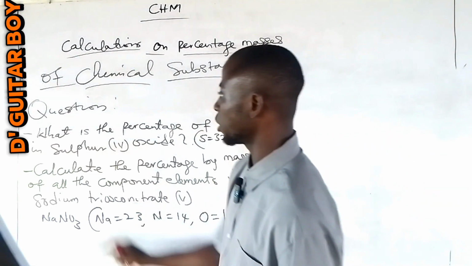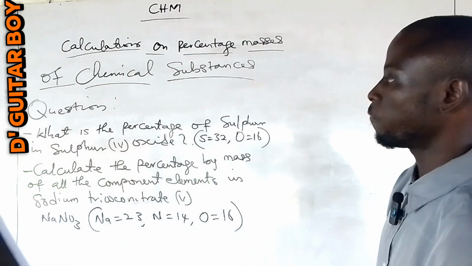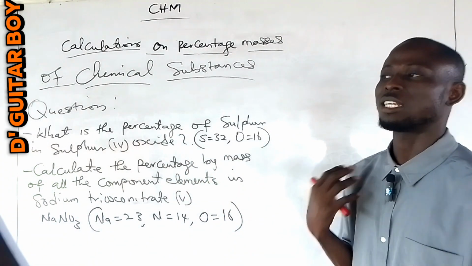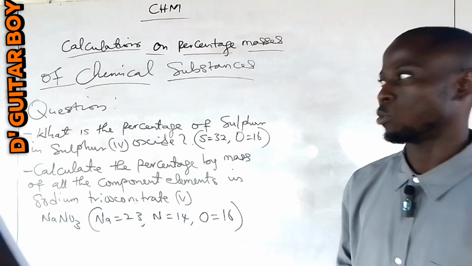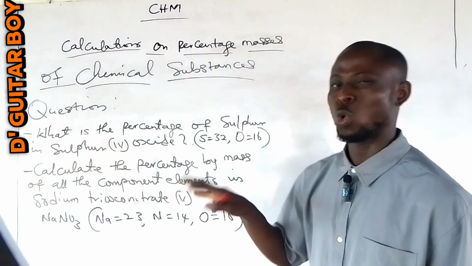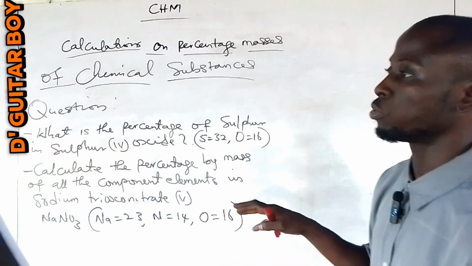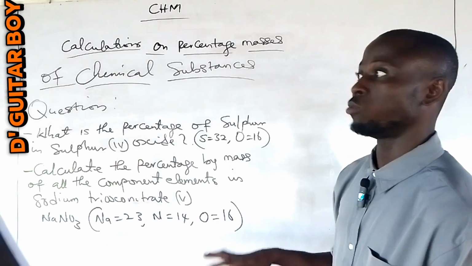The first question we have here is, what is the percentage of sulfur in sulfur 4 oxide? There are a series of topics that I would love to teach later. I think at this point, after teaching this calculation, I will have to hold on calculation and teach some sensitive theoretical parts in chemistry before I move back.